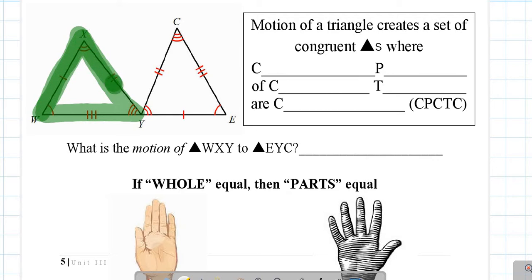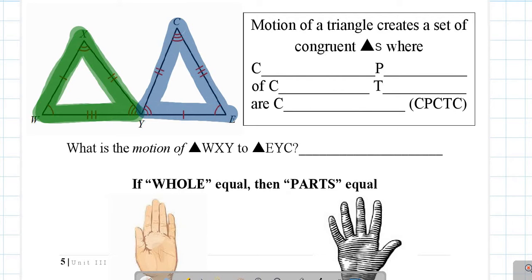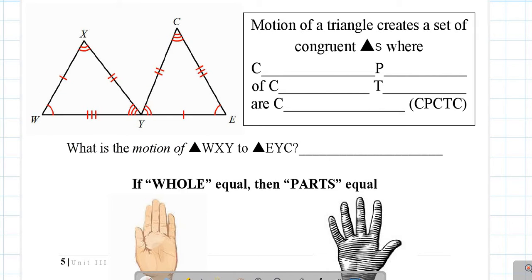W, X, Y. And then you have this second triangle, E, Y, C. If you look very carefully, you can see that the green triangle rotated into the blue triangle. If you take the green triangle and you rotate like this, then you will get the blue triangle. So right off the bat, we know that these triangles are congruent. They're just rotated.